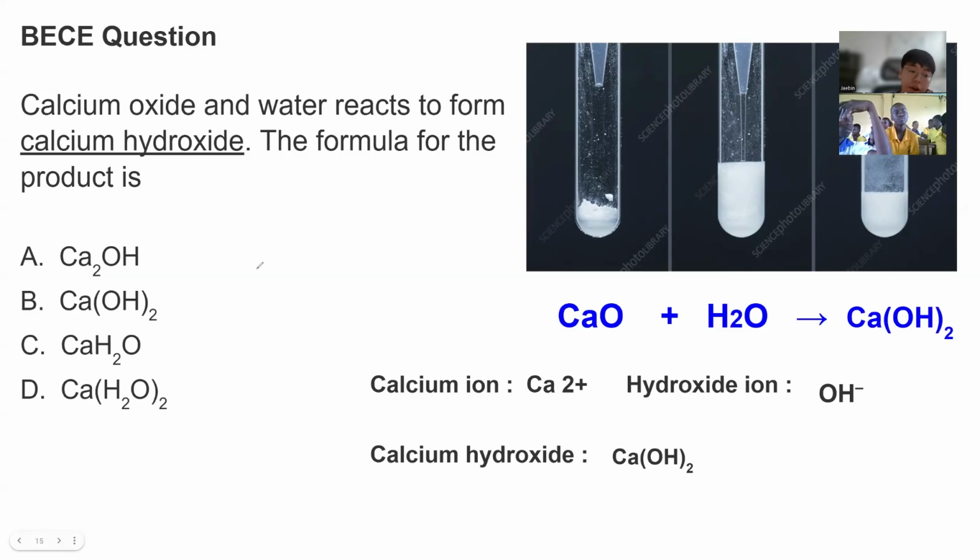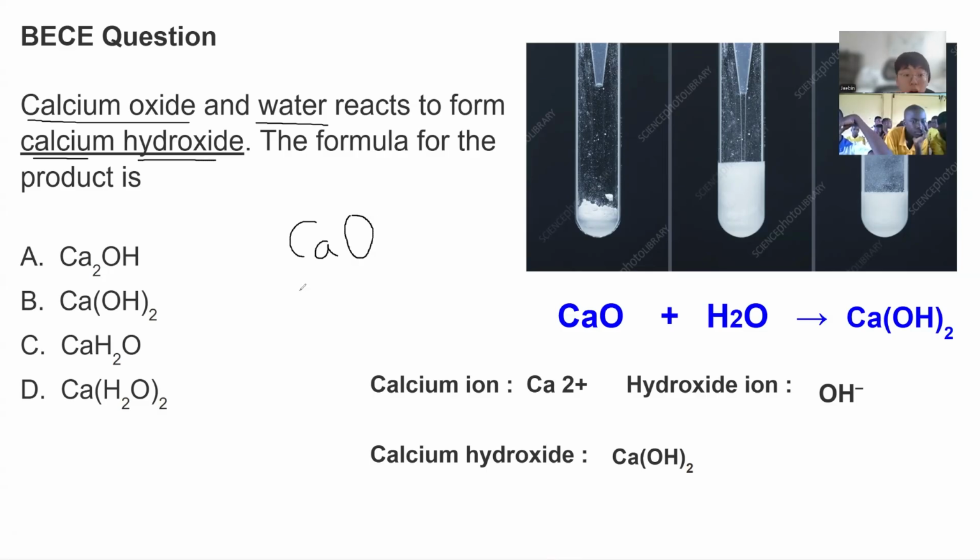This is something that we haven't really gotten deep into, right? It says to form calcium hydroxide from calcium oxide in water. We know calcium oxide, right? Calcium oxide is CaO.